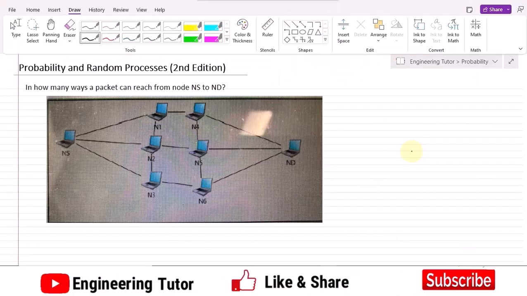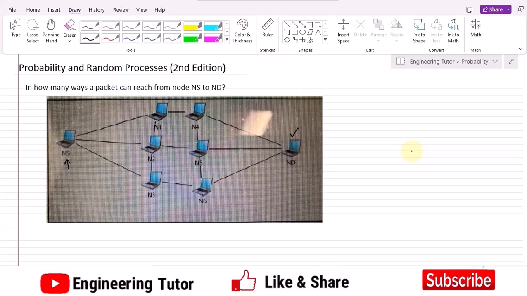Hello guys, so this is another very important and very interesting question, where in this computer network scenario we are asked in how many ways a packet which starts from NS may reach ND, that is the output node here.